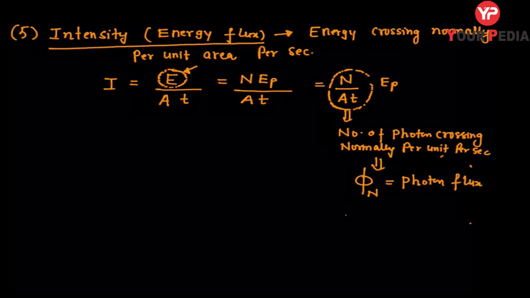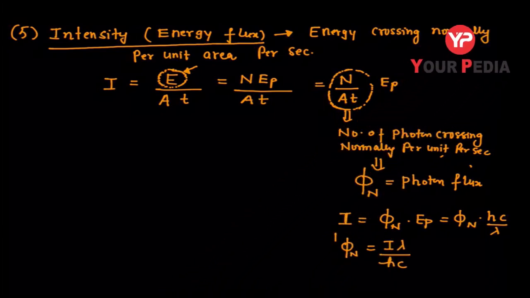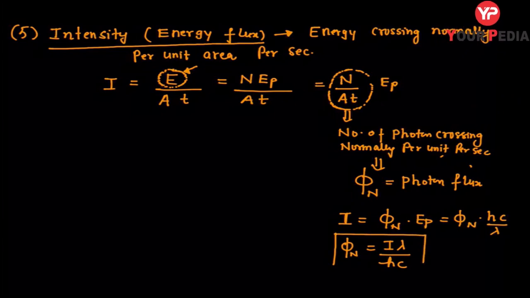Now see student, we can write intensity I is equal to phi n multiplied by EP. Means photon flux phi n can be written as I upon EP, that is I lambda upon hc. Is it clear? Means photon flux phi n we can express in terms of I lambda upon hc. Again, a very important relation.